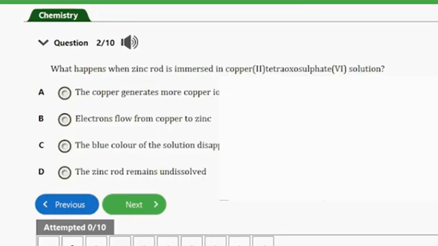So guys, the answer to this question is option C here. The blue color of the solution disappears. Immersing zinc rod in copper 2 tetraoxosulfate 6 solution will cause the blue color of the solution to disappear, and this is because the zinc displaces the copper from the solution of the tetraoxosulfate 6. And that's it for this question.